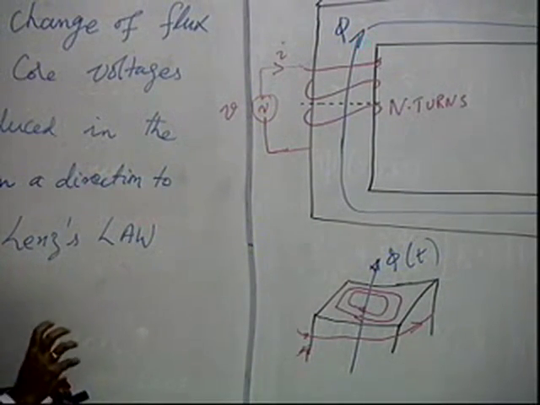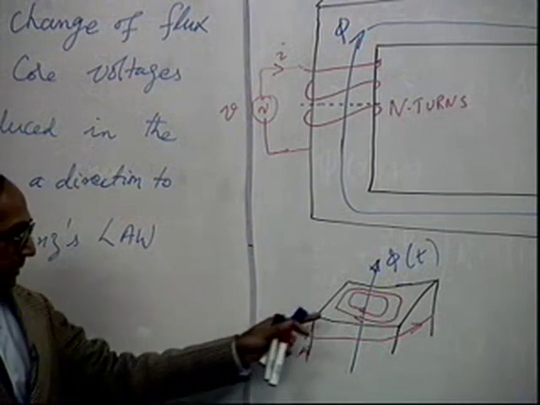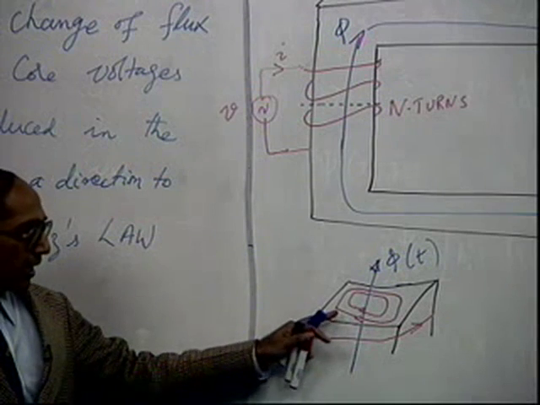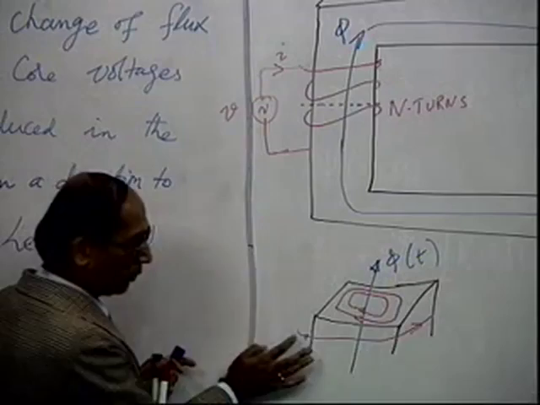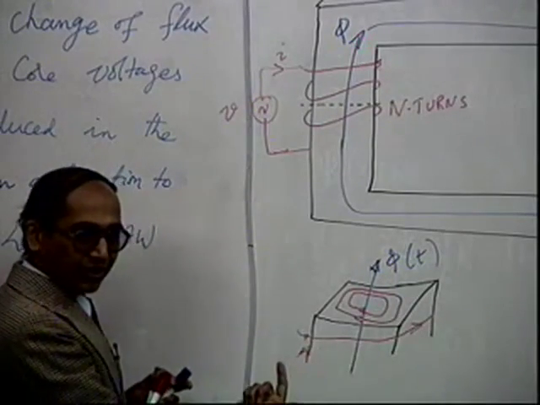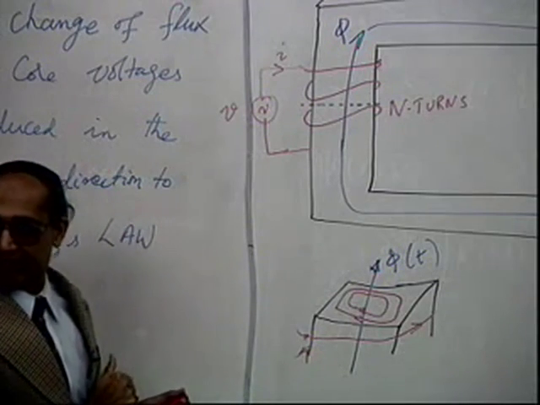In fact, you will notice that the induced currents will be a mirror reflection of the injected currents. So you are putting a current in the winding like this. So this works like a short circuited secondary in a way.